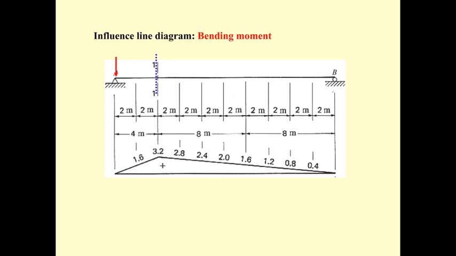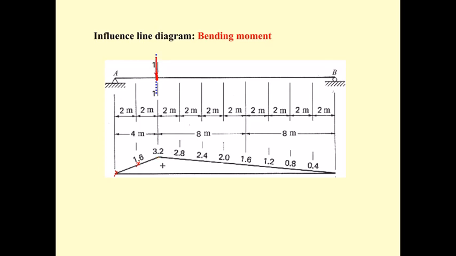And then if you move it to this position, the moment at section 1 will change from 0 to 1.6. And then you move it to the left of section 1, you get 3.2.